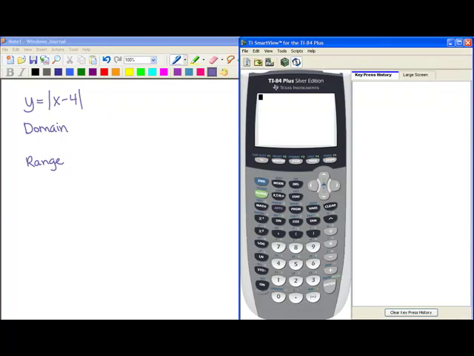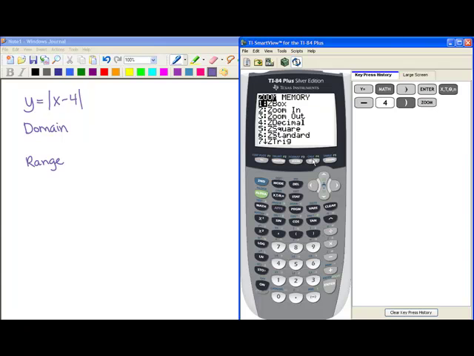So first of all, we need to bring up the calculator, and I'll go and type this in, the y equals. We need to start with the absolute value, so to get that we press the math key, you press the right arrow, and then command number 1 is ABS. Type in x minus 4, and always close parentheses.